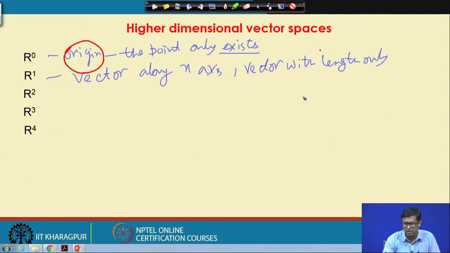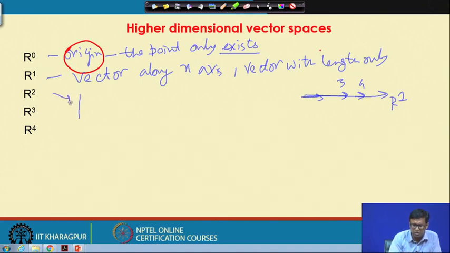I consider there is only the x axis and any vector along this is R1. Why? Because if I try to express this vector, I only have to write one component, say 3, it is 3 meter or 3 centimeter or 4. This one component should be able to express the entire vector, because I am only measuring along one particular axis.